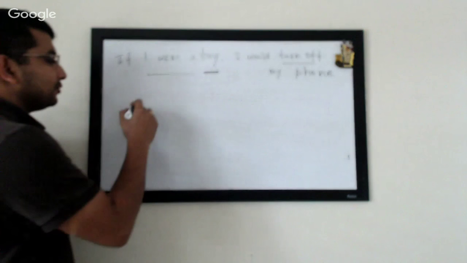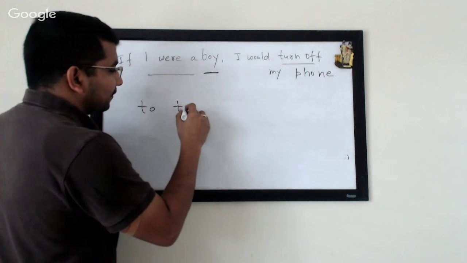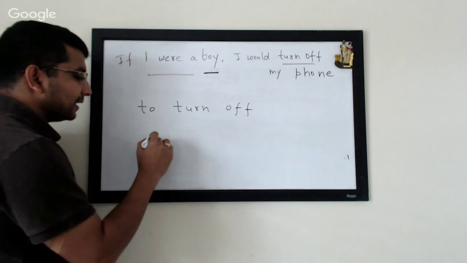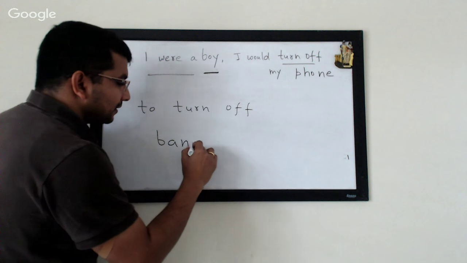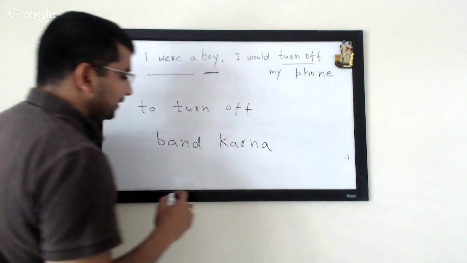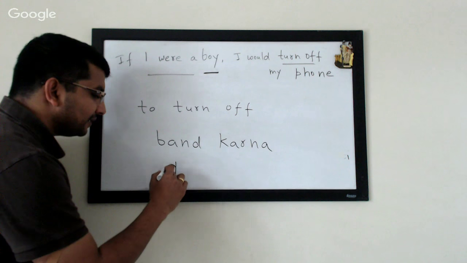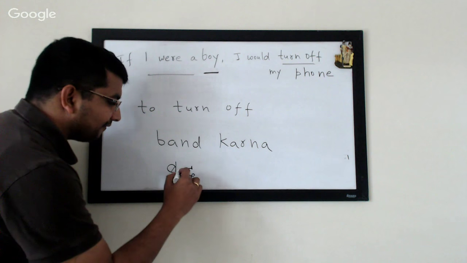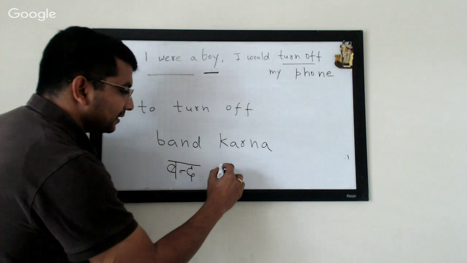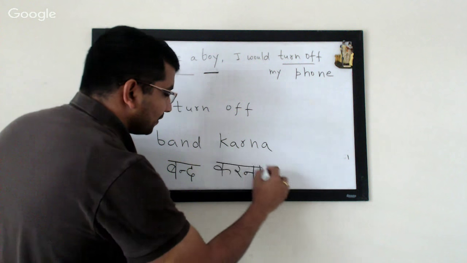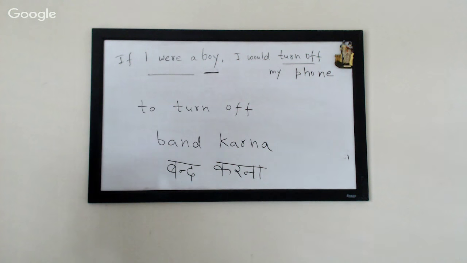So let's do that. To turn off is basically बंद करना. The way you write it is b, and then there's a nasalized sound, so half न, बंद करना. Okay, बंद करना, right?